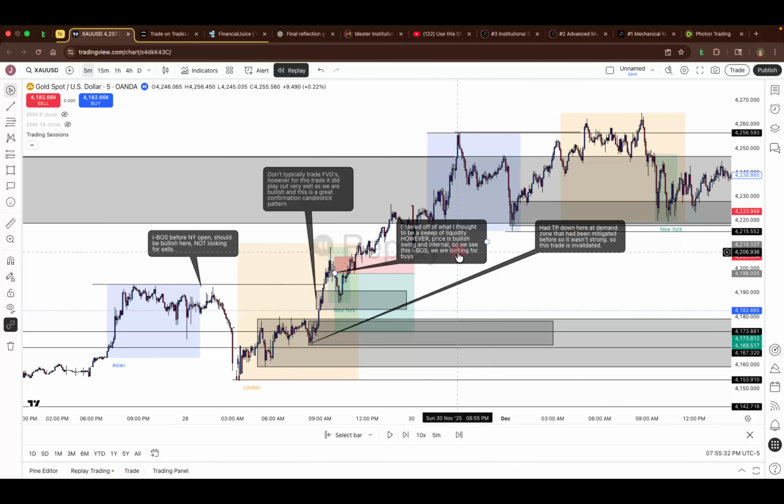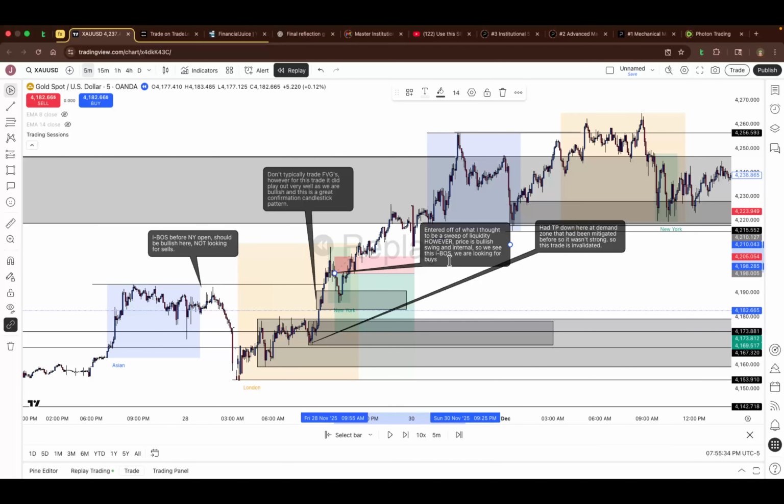We are looking for buys. We see this internal breaker structure. Looking for buys. Liquidity sweeps aren't strong to the opposite side if it isn't aligned with structure.